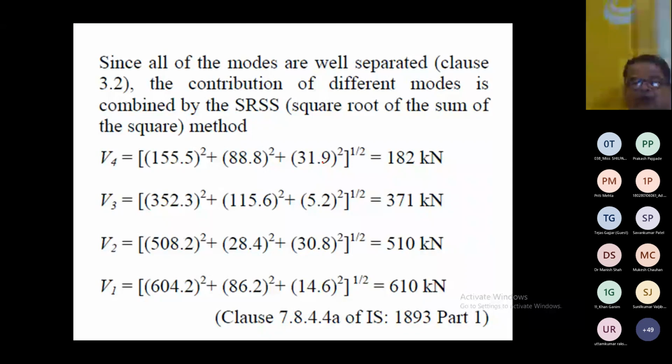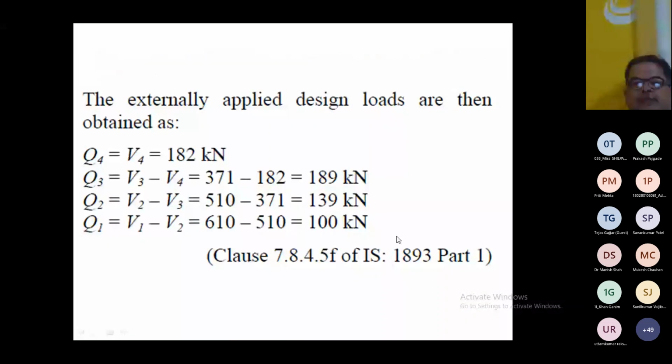So we know V1, V2, V3, V4, for the 3 different modes, and we are getting the answer. So the lateral force we are getting is acting at each level, right?